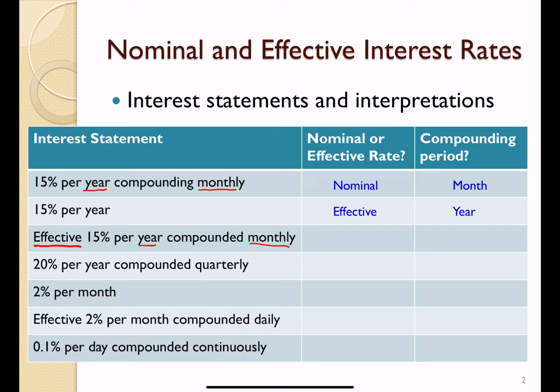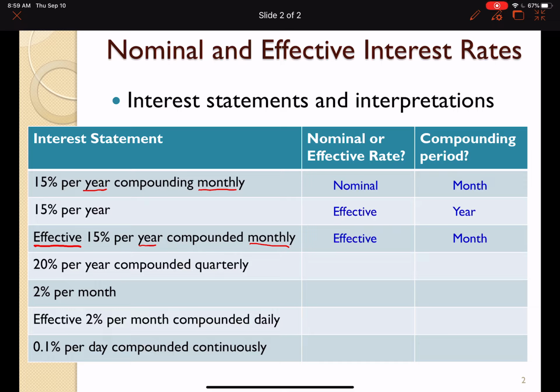And of course, the compounding period is still monthly, so that's effective per month because it explicitly says effective. Make sense? So when the problem gives you effective explicitly, that will be effective. And of course, the compounding still follows what they say, compounded monthly. It will be month.